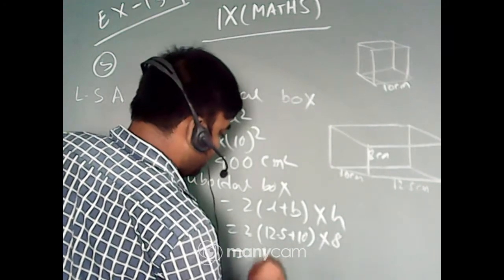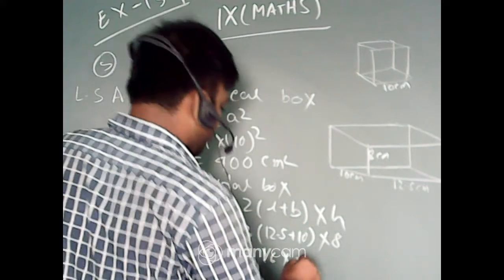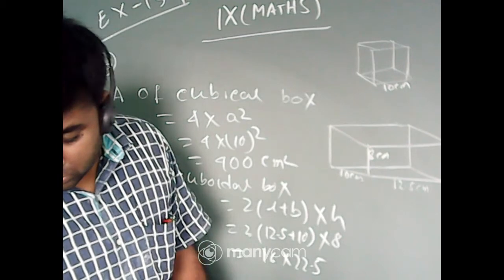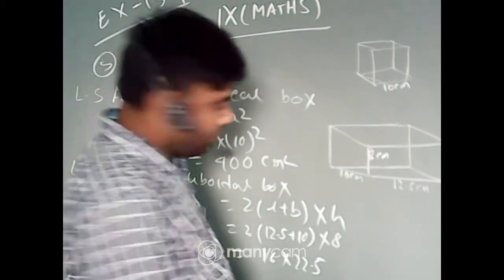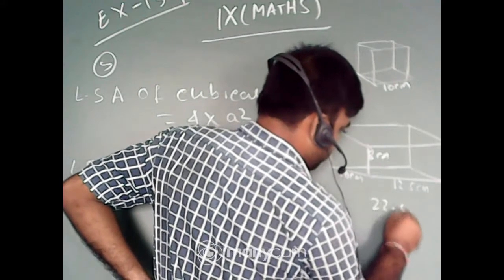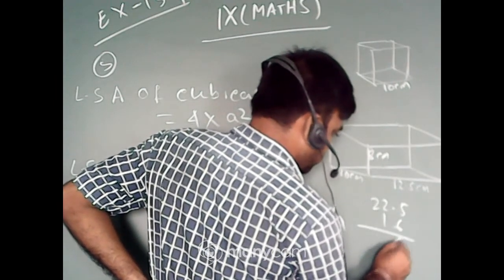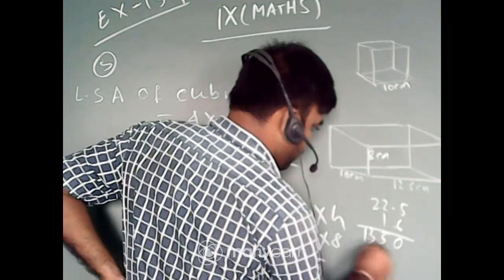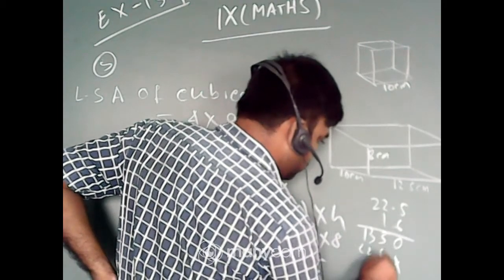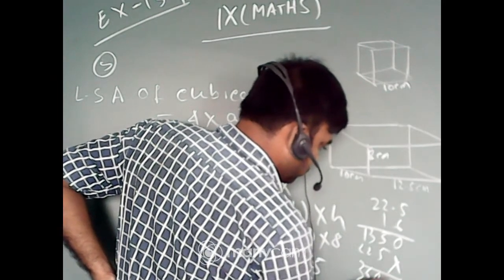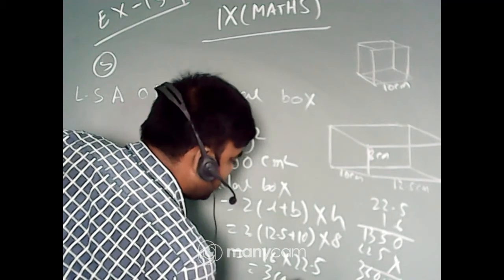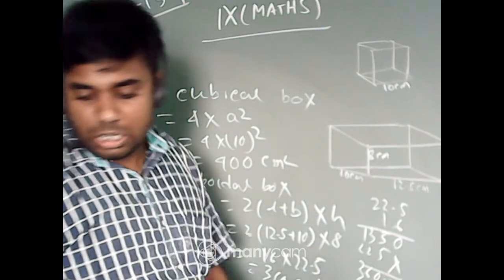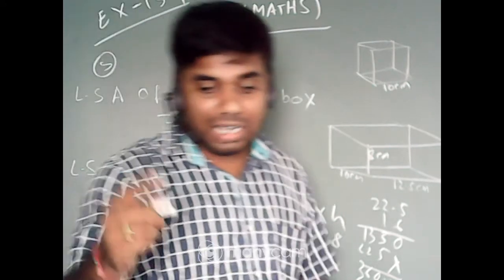So 2 into 8, 16. 16 into 22.5, so that will be 360 centimeter square. Now between the cubical box and the cuboidal box, which has a larger lateral surface area?